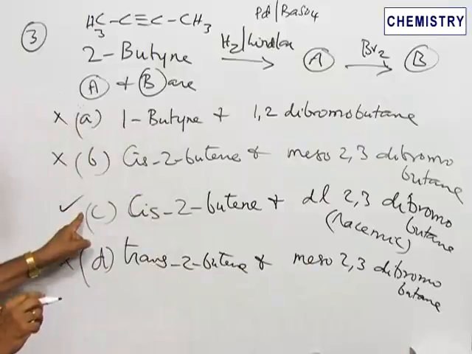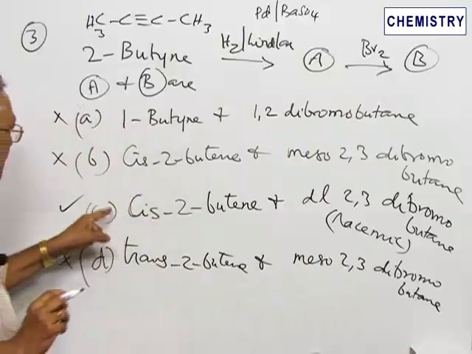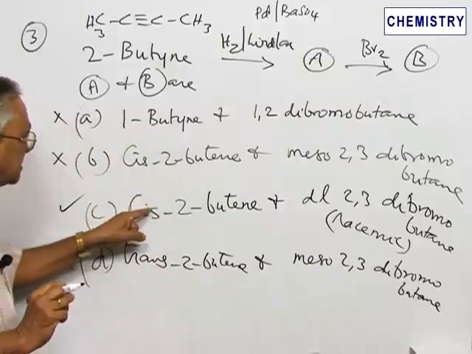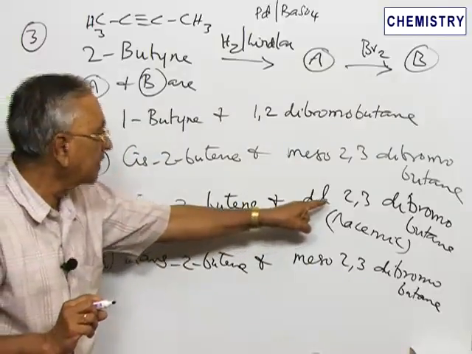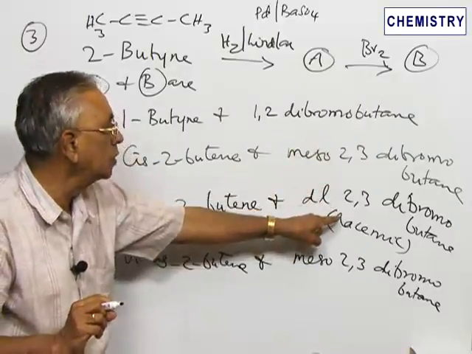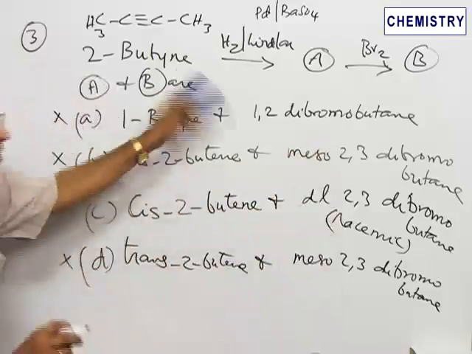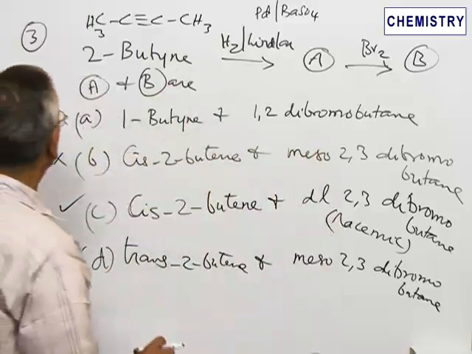So the correct answer for this question is C, which is cis-2-butene, which on further bromination will lead to a racemic product. This can be represented in the form of an equation like this.